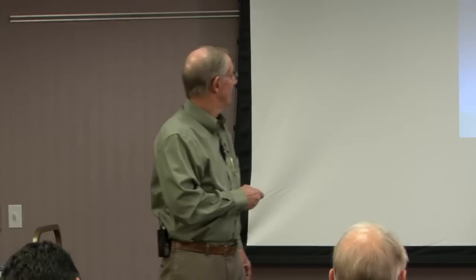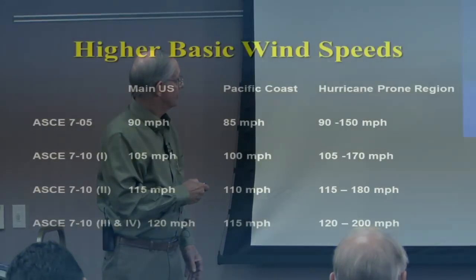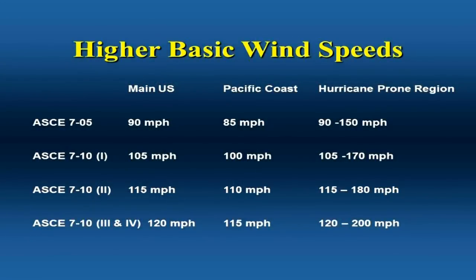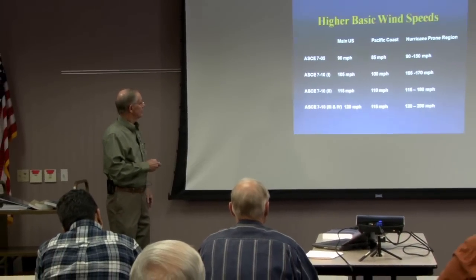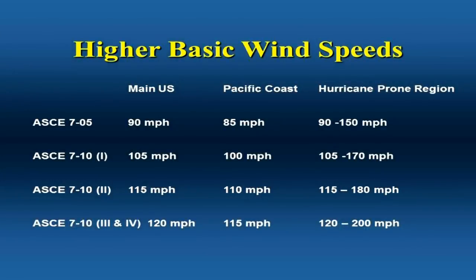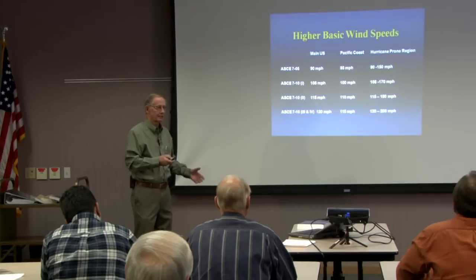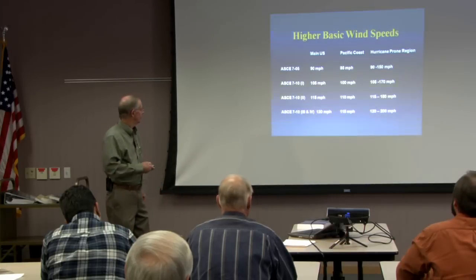So look at the wind velocities and see how they compare. In ASCE 7-05, the main part of the U.S., now remember that the 3 states on the west coast are 85 miles an hour. The main part of the U.S. is 90 miles per hour wind. And then you end up with hurricane-prone regions running from above 90 to 150. That's what we're used to in 05.